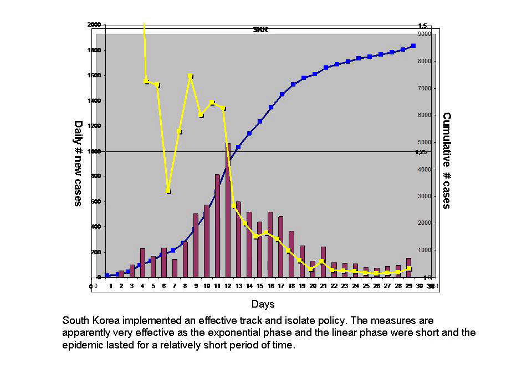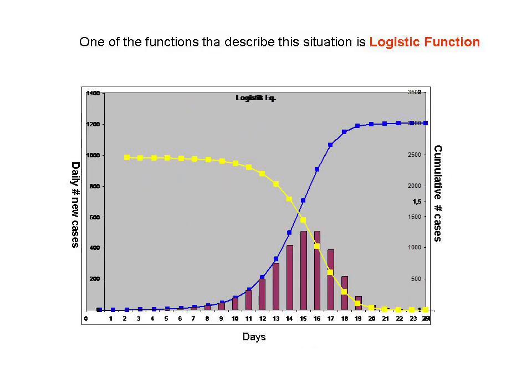Then, due to some strict interventions, it drops very dramatically, and you can see that it also decreases the number of daily new cases. Then the cumulative cases, the blue ones, become linear and then go to saturation. So this looks very similar to the logistic equation we talked about one slide before.